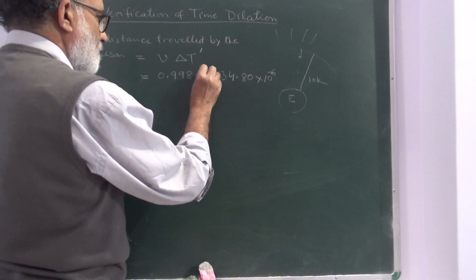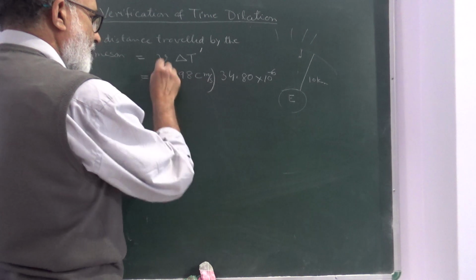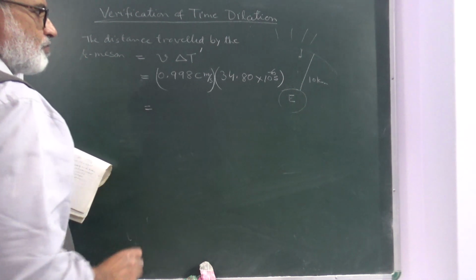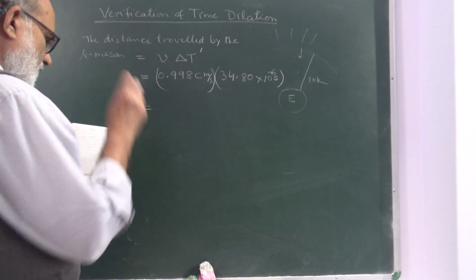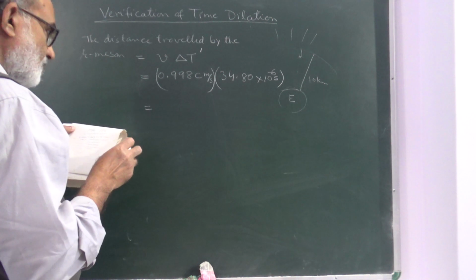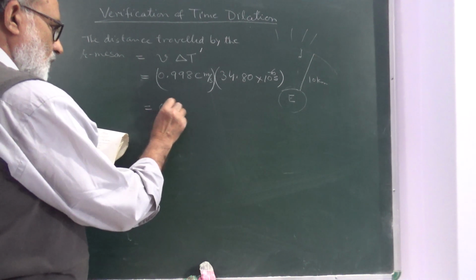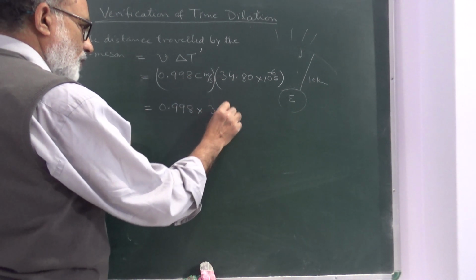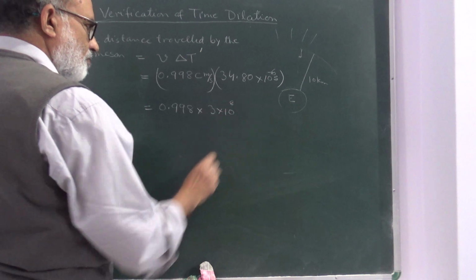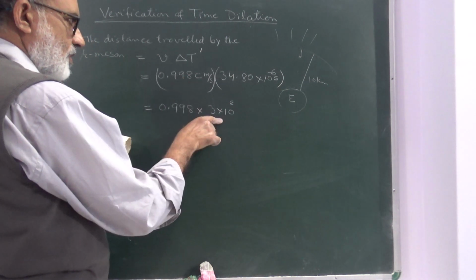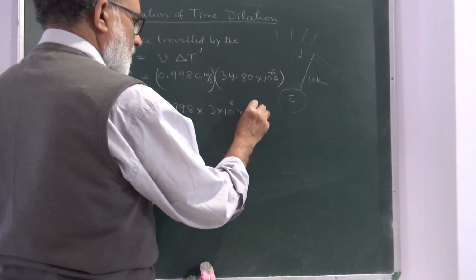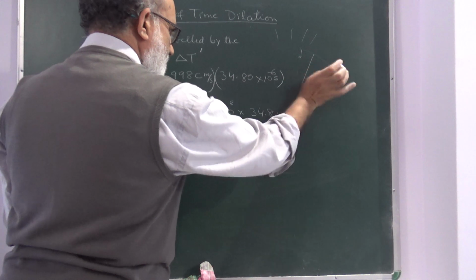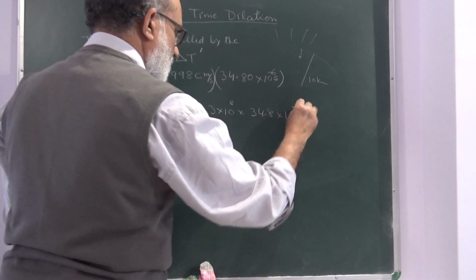If you multiply it, you will get 0.998 times the speed of light, which is 3 times 10 to the power 8 meters per second, times 34.8 times 10 to the power minus 6.